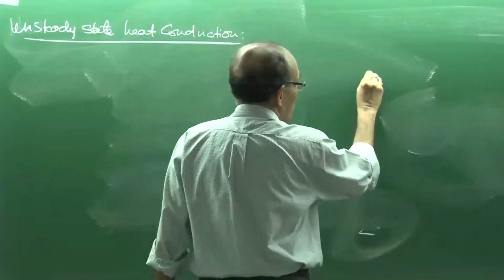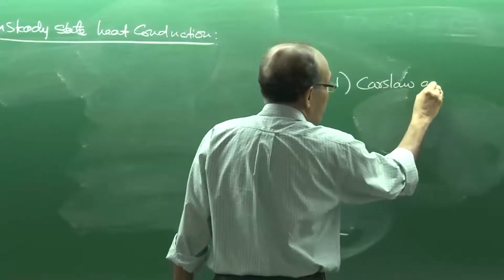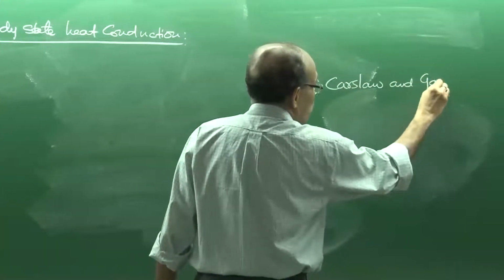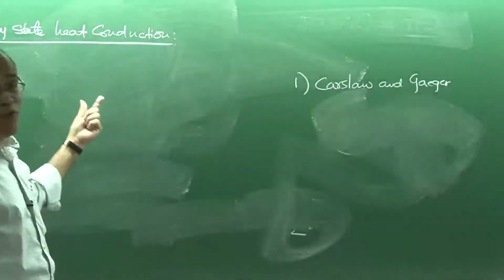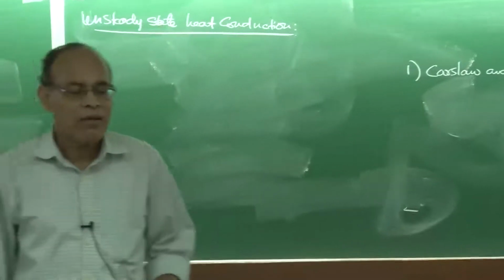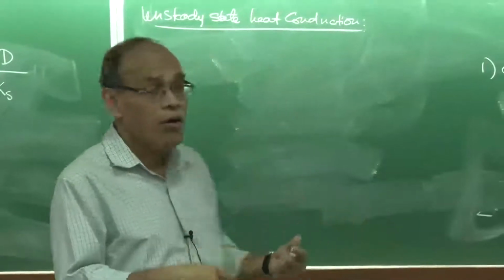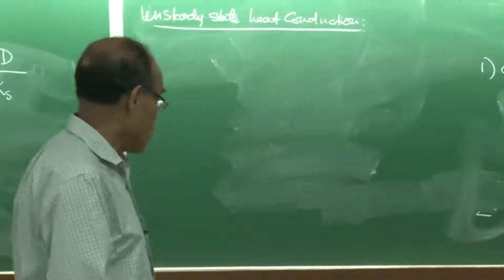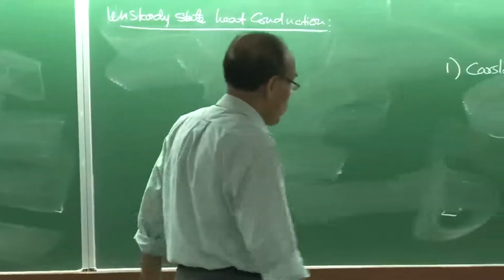You can look at the textbook by Carslaw and Jaeger. It requires a lot of mathematical expertise; you have to know techniques like Laplace transformation, separation of variables and so on and so forth. Highly complicated maths is involved.